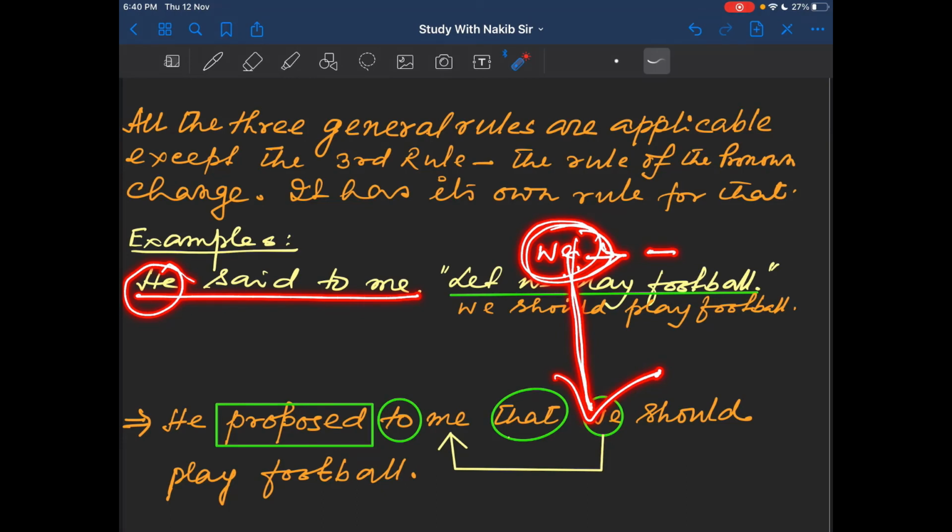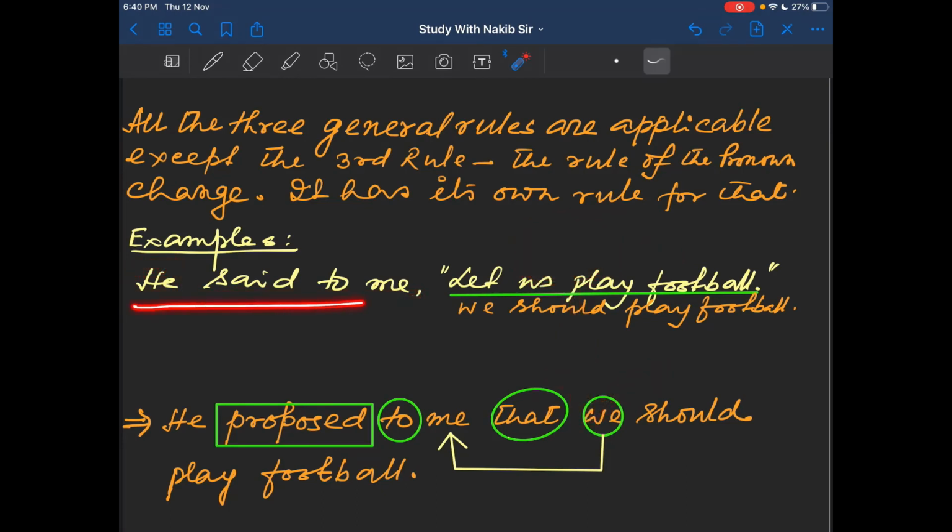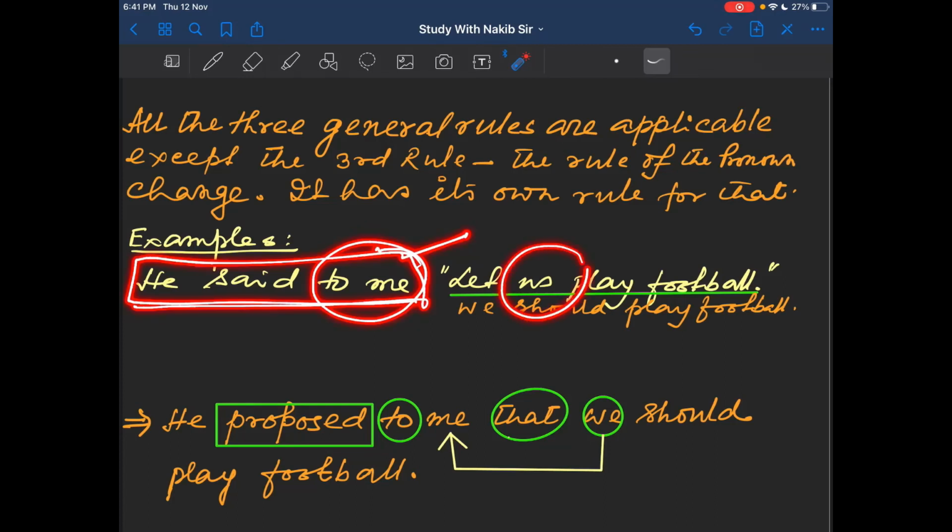To understand this, you have to come to the reporting speech. See the reporting speech. If the reporting speech has any first person pronoun, then we will remain as we. We will remain unchanged. There will be no change in we. If the reporting speech has any first person pronoun, it is first person and we is also the first person. So we will remain unchanged in the indirect narration.